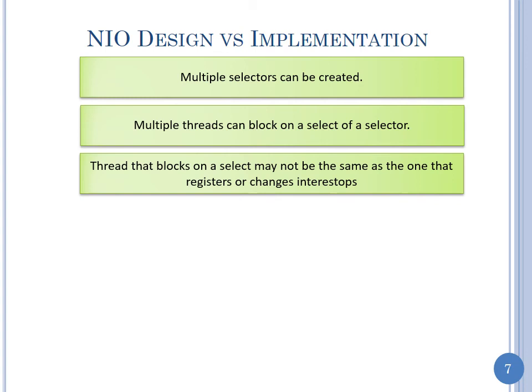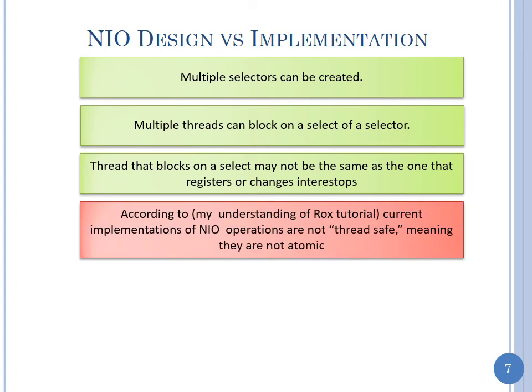And so there are concurrency issues. And according to my understanding of the ROX tutorial, at least, the current implementation of NIO operations are not thread safe, meaning they're not atomic. So if you have multiple threads that are blocking on a select, they're also sharing a data structure. Who knows what that means if you are supposed to have only one thread at a time? And certainly this becomes a problem.